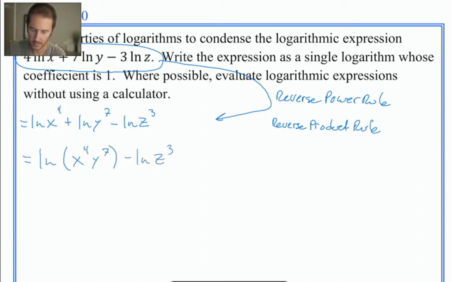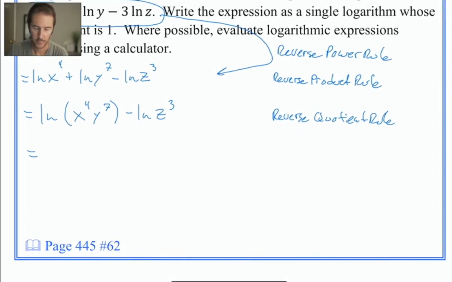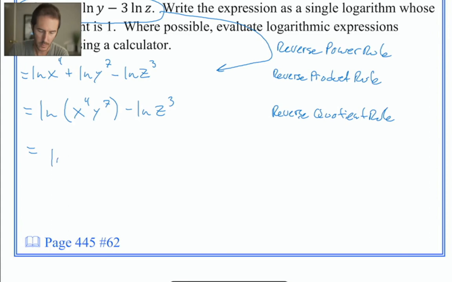And then finally, we will reverse quotient rule. Anything that has a minus means that it came from the denominator. So equals the natural log of a fraction.